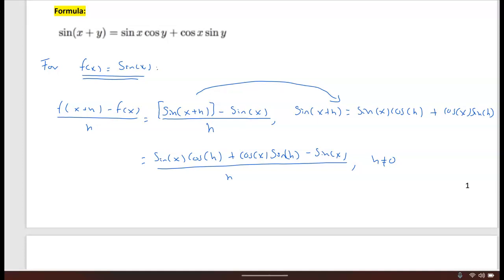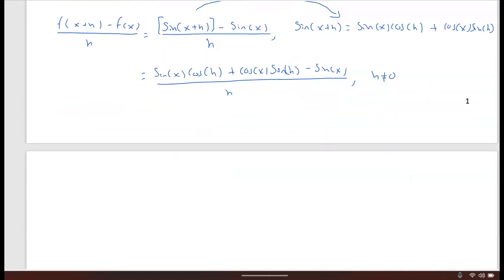In the next step, I'm going to rewrite the expression. This is still f of x plus h minus f of x divided by h, and I'm going to pair these values up.